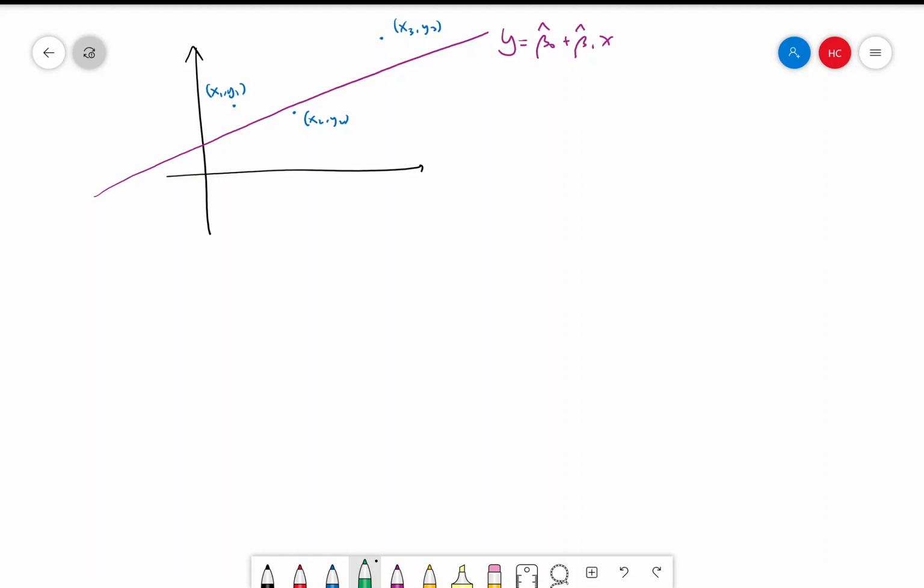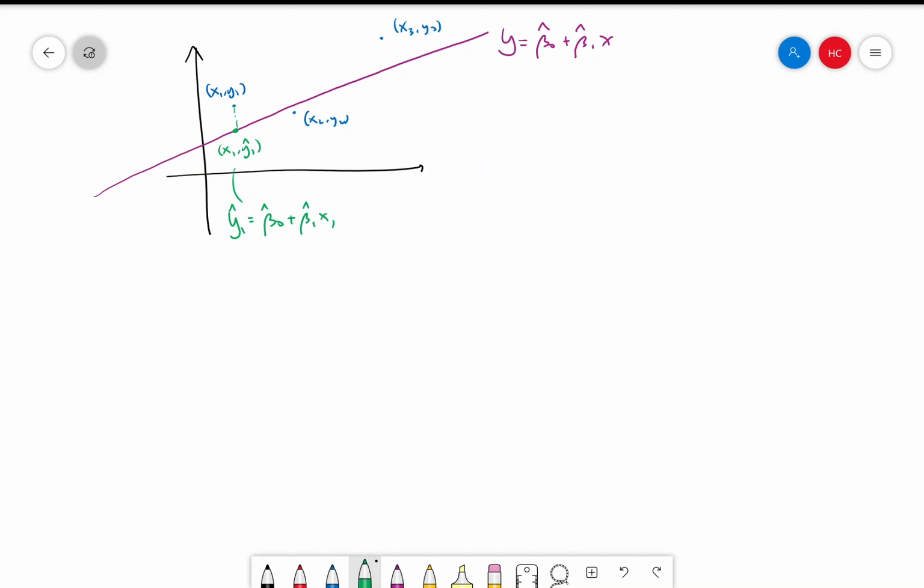For x1, y1, if you map it down, this is called x1, y1 hat. So y1 hat is equal to beta 0 hat plus beta 1 hat x1.